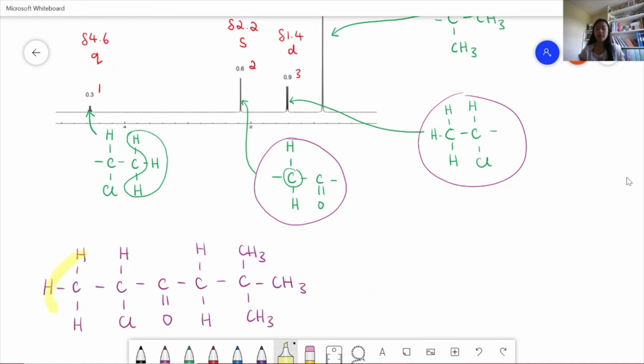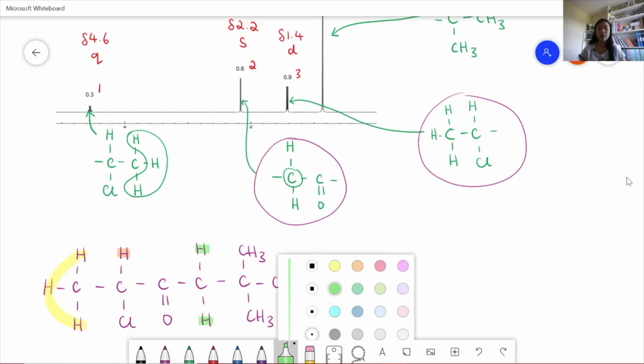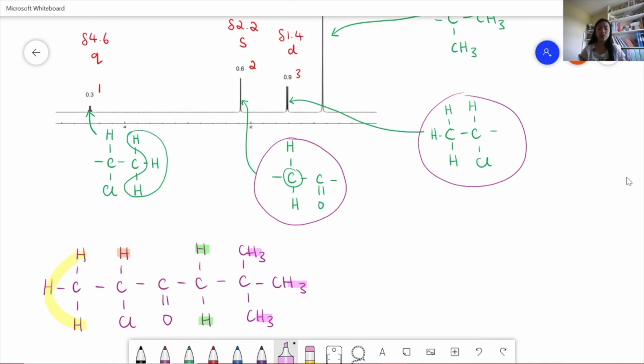3 of these in the same environment, and then we have this one in an environment by itself, and then we have these 2 which are in the same environment, and then finally we have these 9 hydrogens which are in the same environment as each other. And so that means we have 4 peaks, which we do on the spectrum.